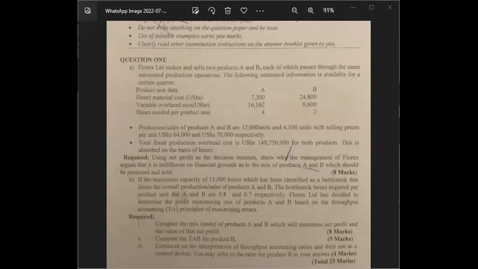So my total variable cost, therefore, is this plus that for A and B. So therefore, my net profit is going to be given by total throughput, which is 770,800,000 minus variable cost minus fixed cost. So it's going to give me 416,000.